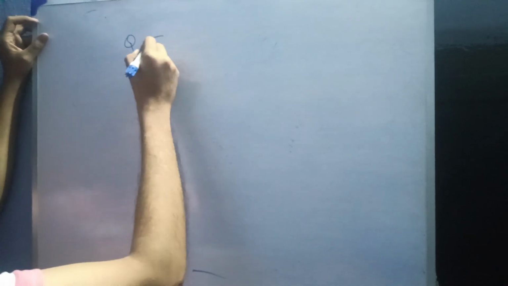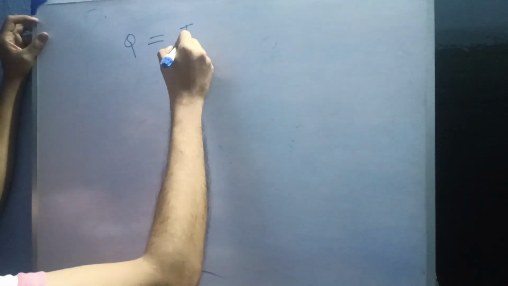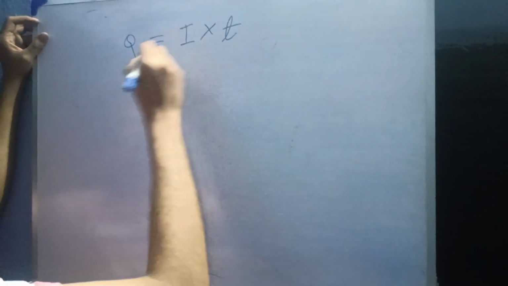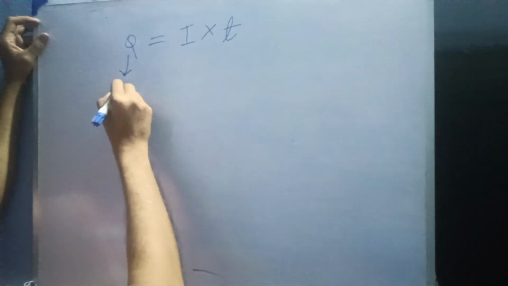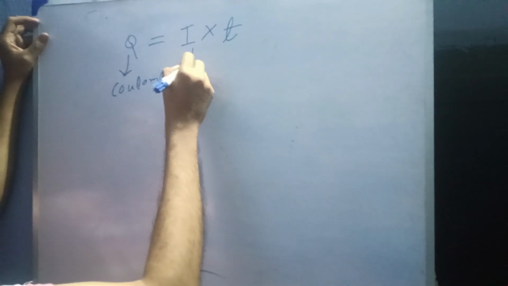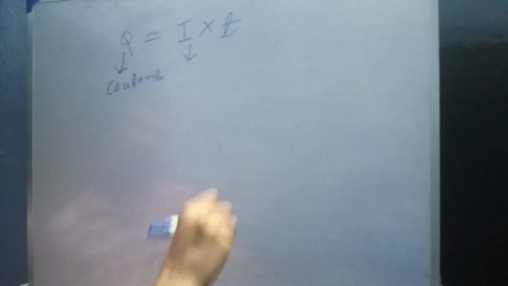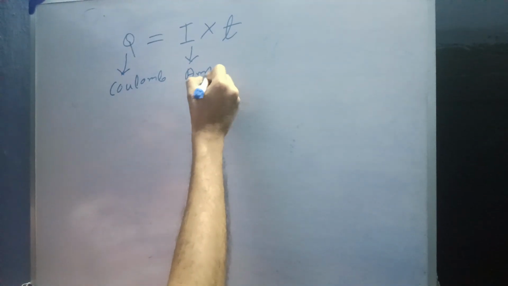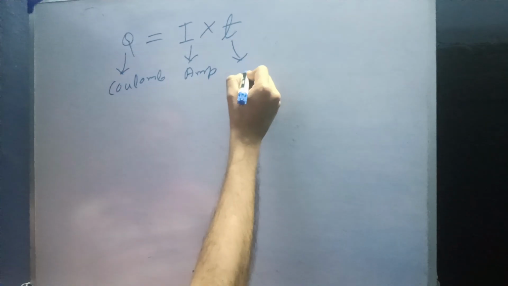But before going to the numerical problems, another thing is that Q is equal to I into T, where Q is in coulomb, I is the current passed through the solution, in ampere, and T is in second.